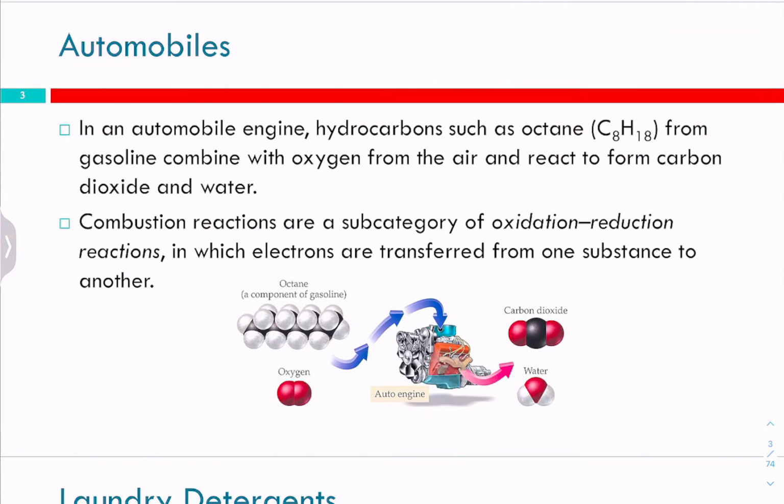It also generates a lot of heat and energy, and we channel some of that energy into propelling your car forward. This one is an oxidation reduction reaction. It is generating gases, carbon dioxide and water vapor, but it's more specifically an oxidation reduction reaction. When we get to the chapter 16 portion that I'm adding into chapter 7, we'll talk more about those.